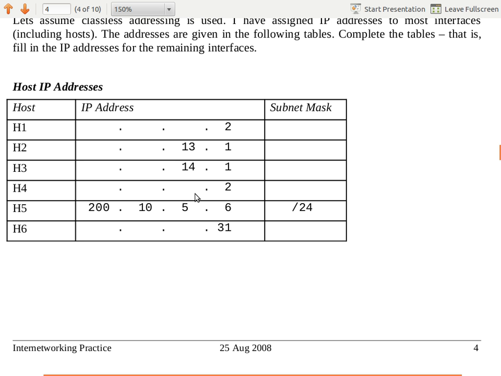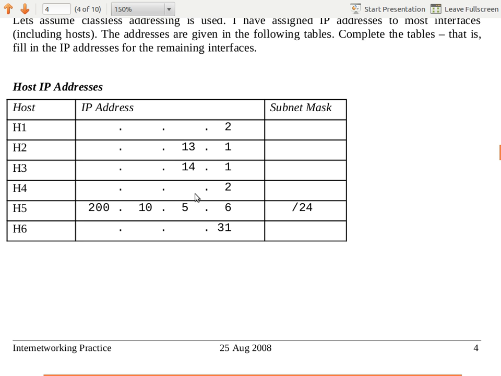Same with H6, 200.10.5. A subnet mask of /24 means the first 3 decimal numbers are the network portion. A subnet mask of /16 would mean the first 2 decimal numbers, and /8 is the first 1 decimal number.